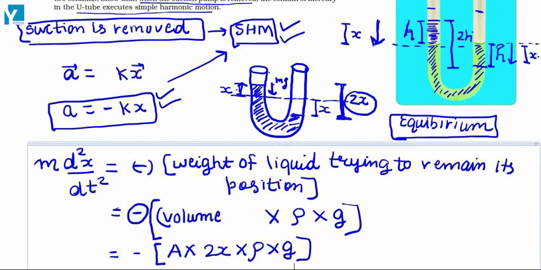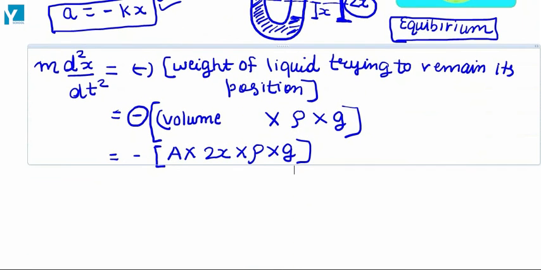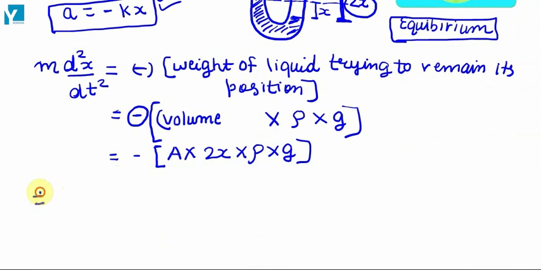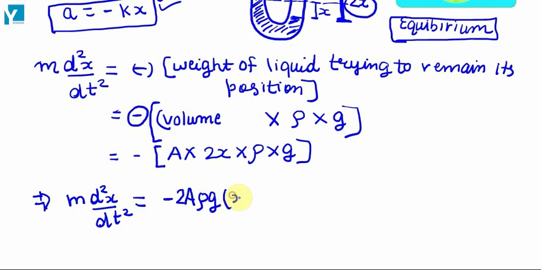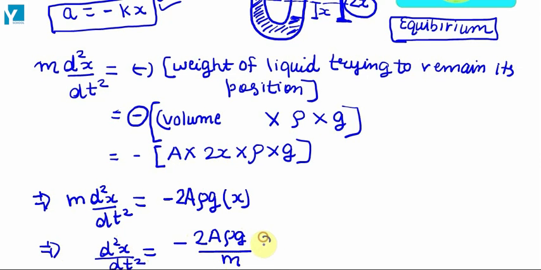On simplifying, I get m d square x by dt square is equal to minus 2a rho g into x, and this implies d square x by dt square is equal to minus 2a rho g by total mass of liquid into x.